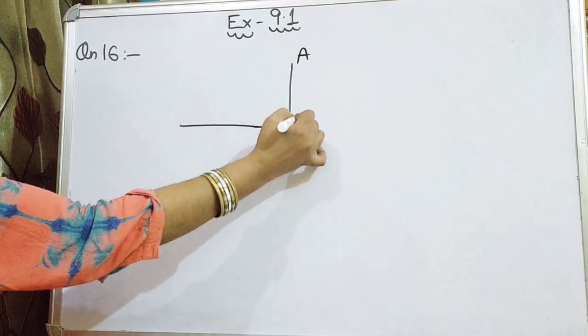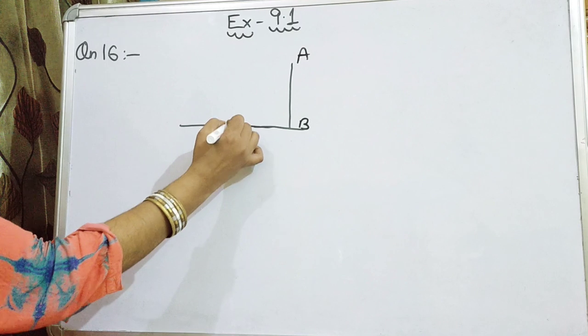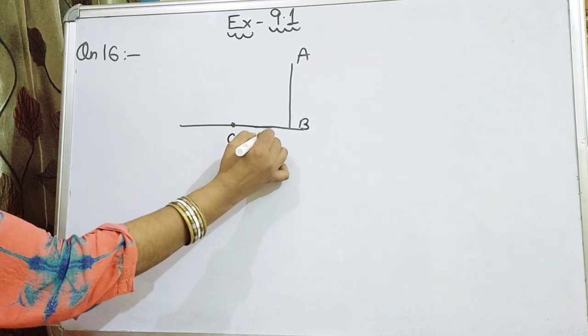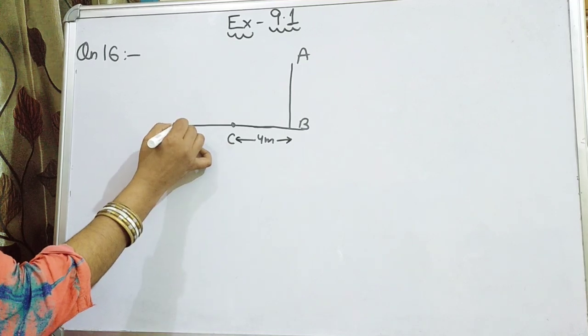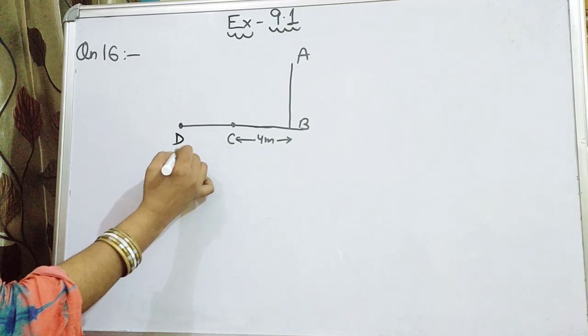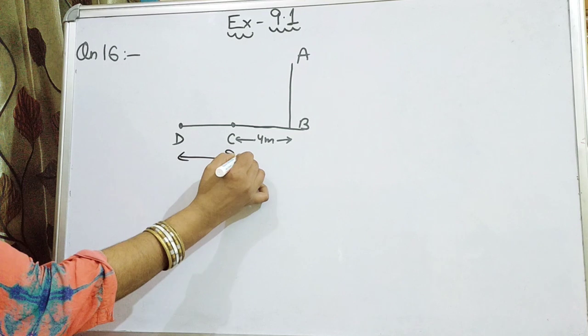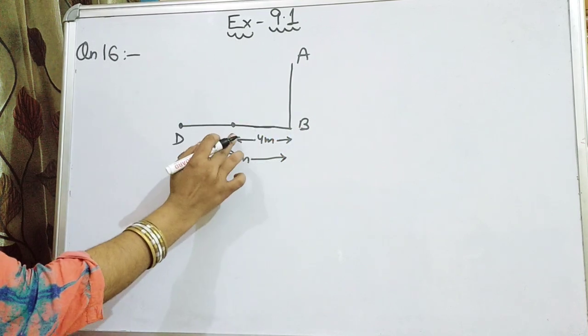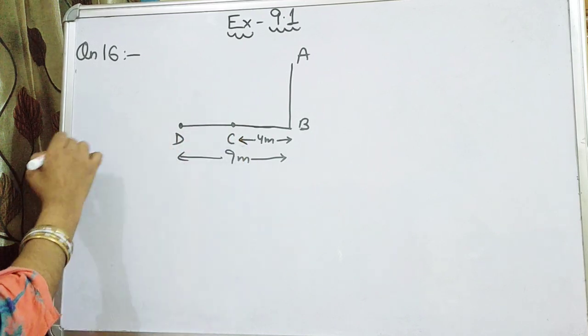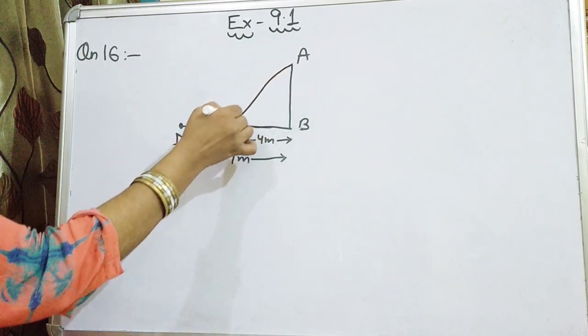If AB is the tower, the first point is C, which is 4 meters away from the base of the tower, and the next point is D, which is 9 meters away from the base, and the angles of elevation from these 2 points are complementary.